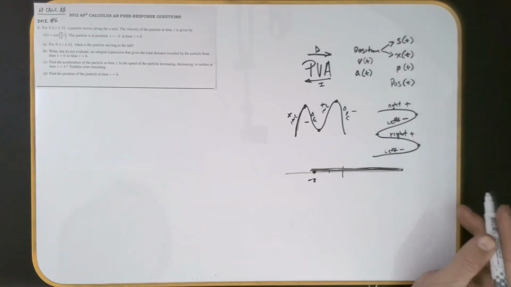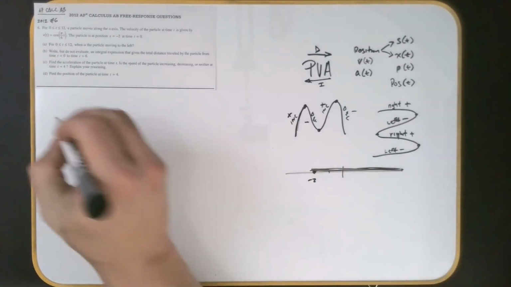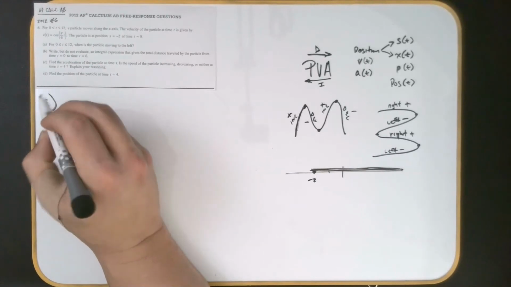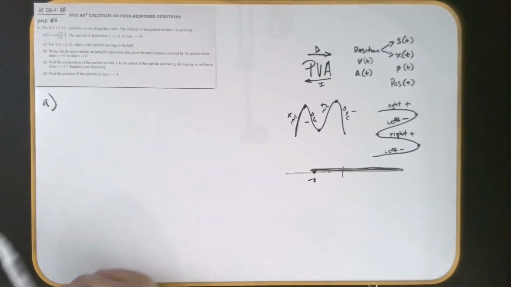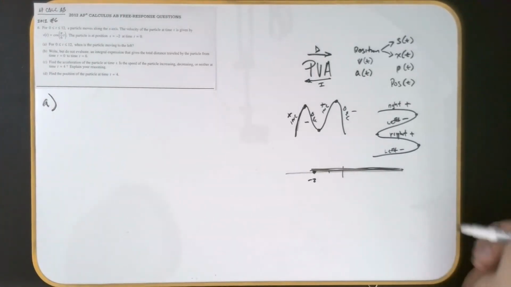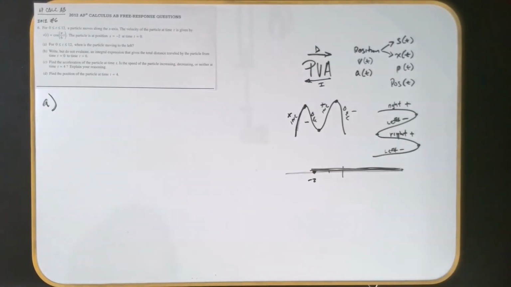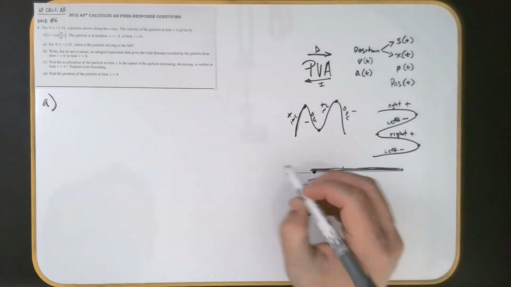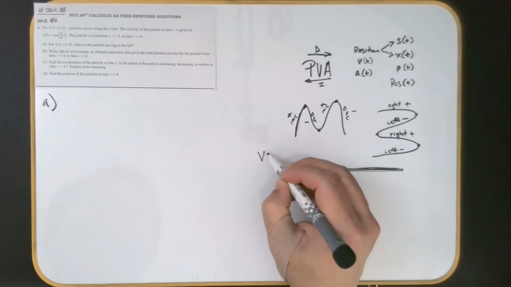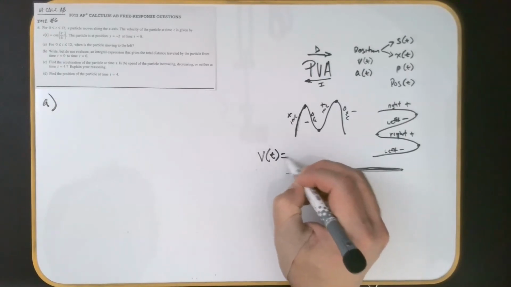And so let's go. Question A says, let's read the question first. For 0 less than or equal to t less than or equal to 12, a particle moves along the x-axis. The velocity of the particle at a given time t is given by v of t is equal to the cosine of pi over 6 t.